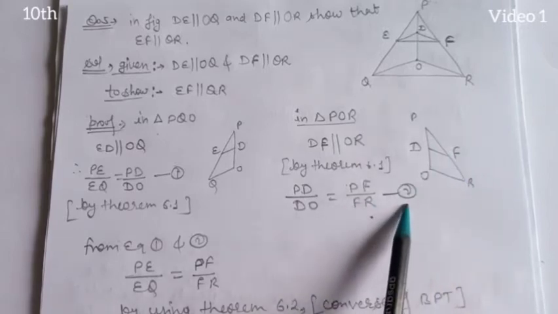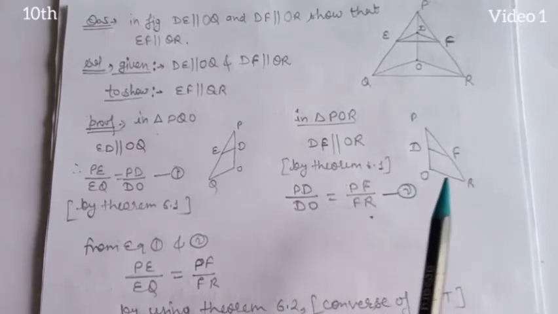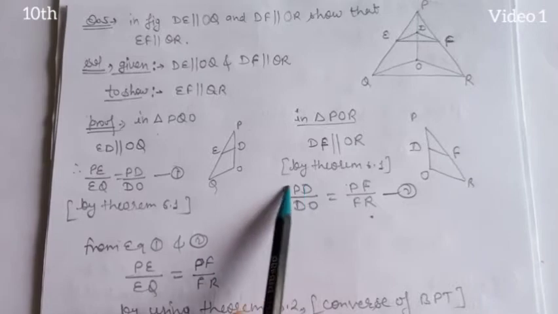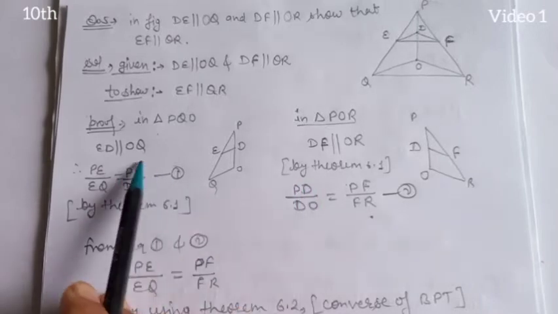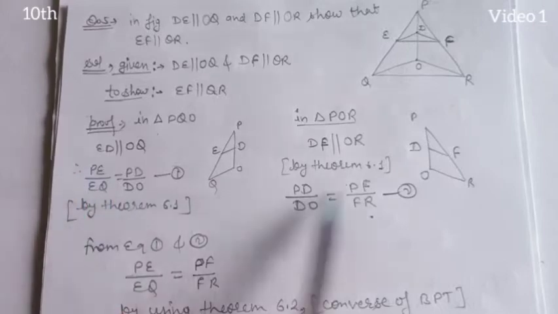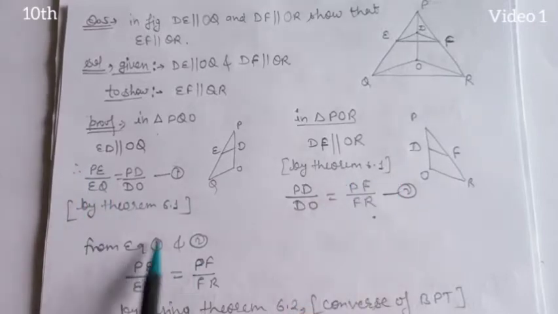Mark it as equation 2. So students, now from equation 1 and 2 you can see PD upon DO, both are equal. So the rest of the parts are also equal. So it is written PE upon EQ is equal to PF upon FR.